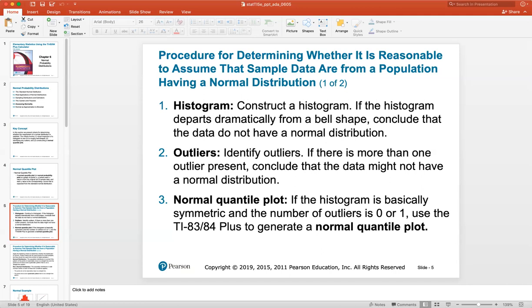We'll see several examples of histograms that are not normal distribution. Next, identify outliers. If there is more than one outlier present, conclude that the data might not have a normal distribution. Finally, the normal quantile plot: if the histogram is basically symmetric and the number of outliers is 0 or 1, use the TI-83 or a calculator to generate the normal quantile plot.